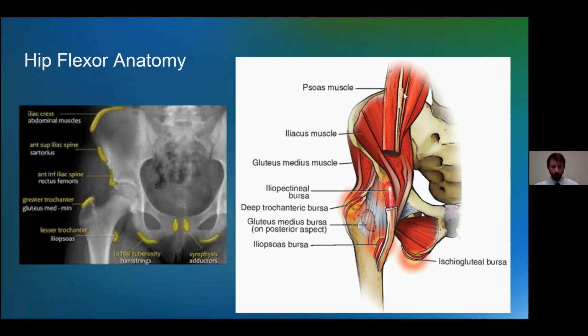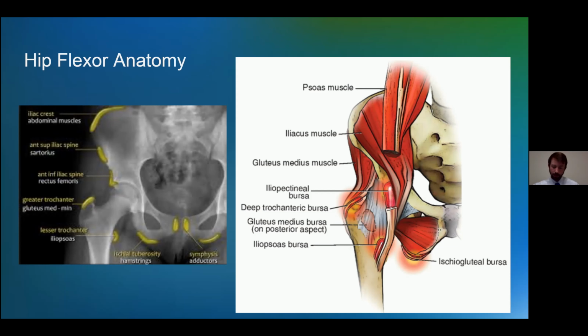So the psoas major, as well as the iliacus muscle here, are going to merge at the level of the L5 to S2 vertebrae, and then they dive underneath the inguinal ligament to form the common unit, the iliopsoas muscle. This forms a common tendon, also known as the common iliopsoas tendon, which travels inferiorly and inserts onto the lesser trochanter. These muscles primarily are hip flexors.